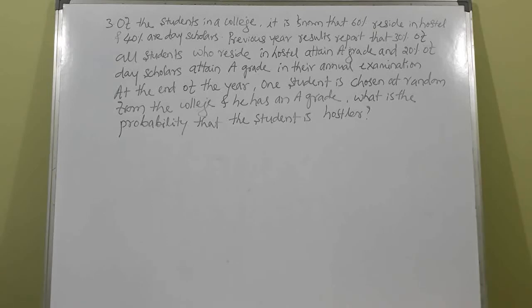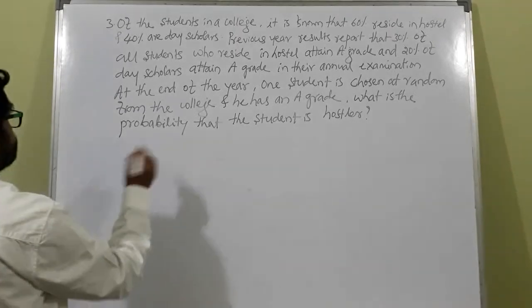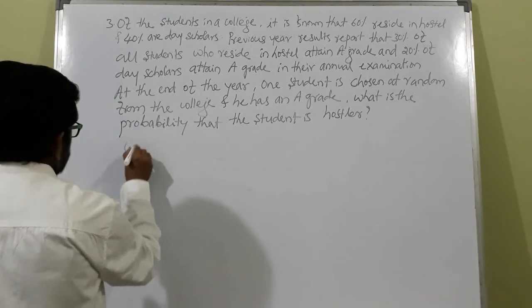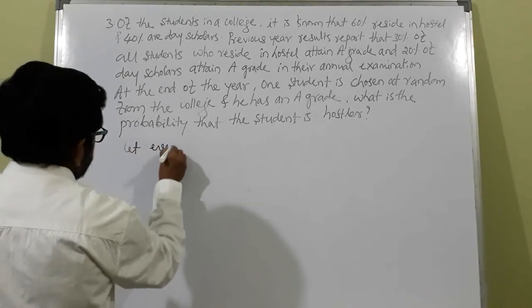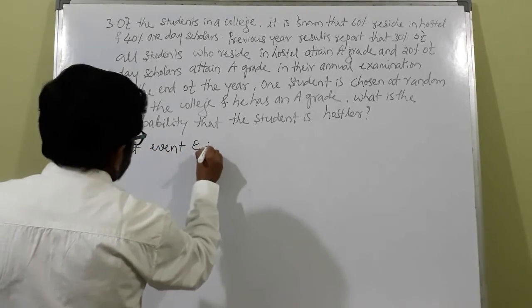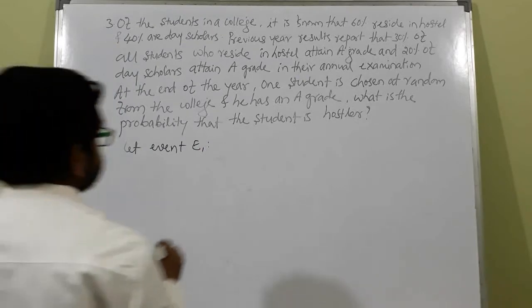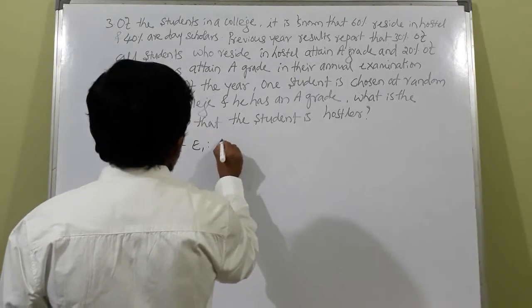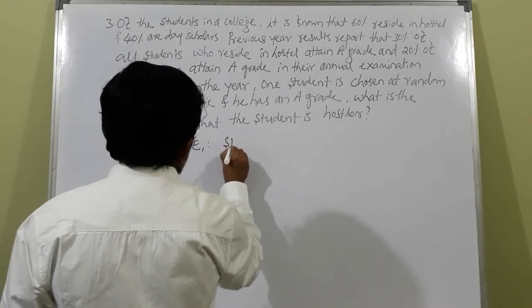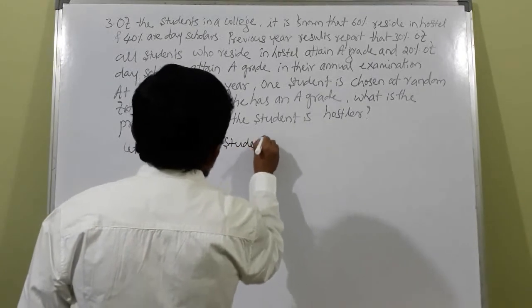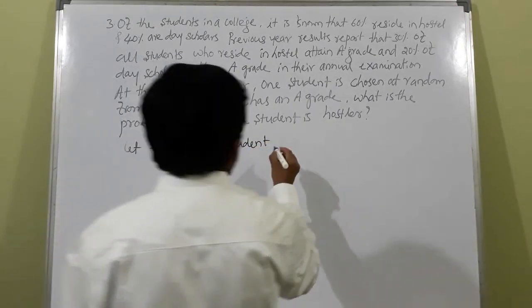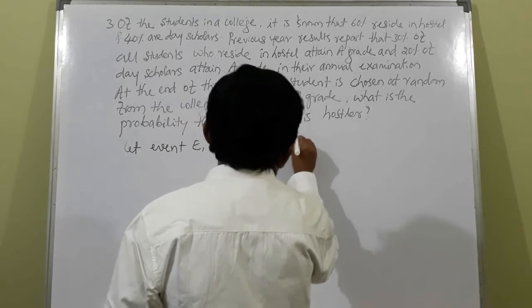The same Bayes theorem you have to apply. Before that, let event E1 be a student is a hosteler.